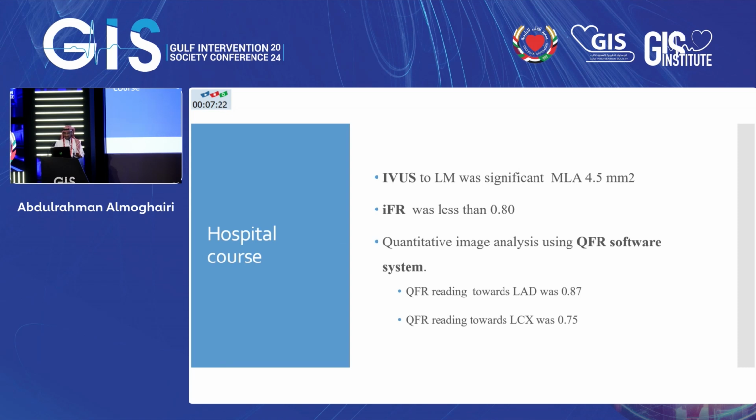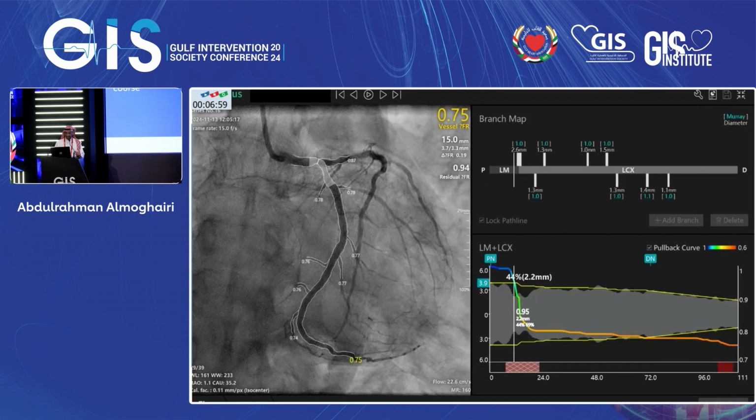And these are the results of the investigations done: the IVUS, the conventional pressure wire, then the quantitative image, which will be the focus for artificial intelligence in the future, and the result is consistent. All together confirms the severity of the left main disease.